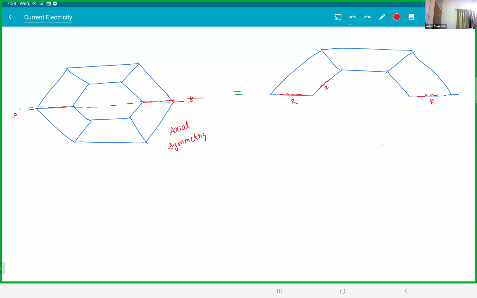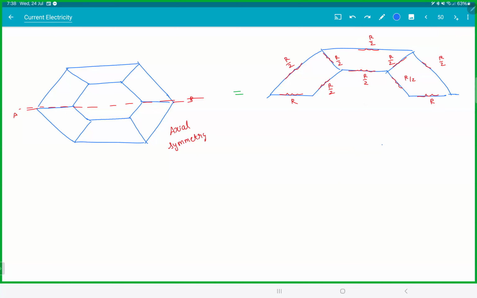Parallel, so R/2. You can simplify up to this much. So there is an actual symmetry. All will be R/2 except these two guys. There is no one to fold on themselves, so they will remain same.